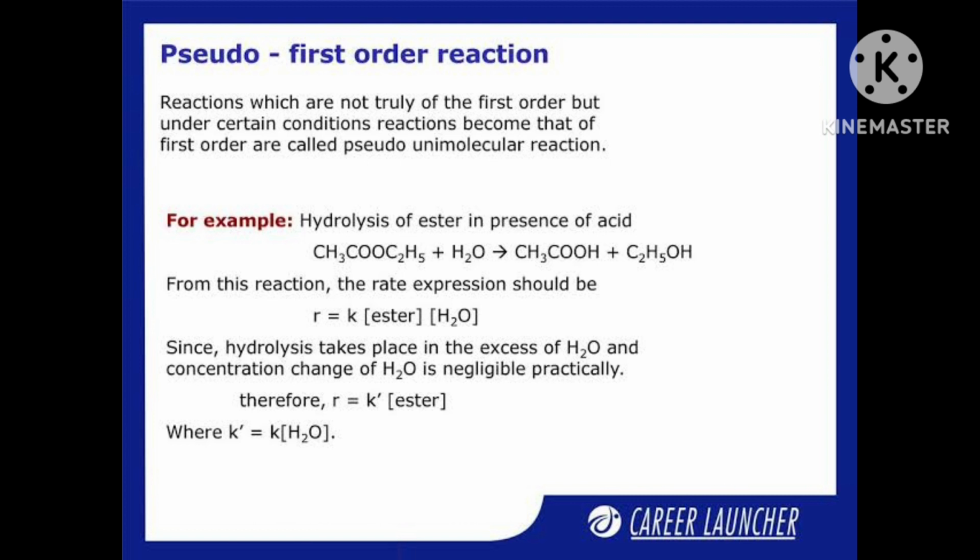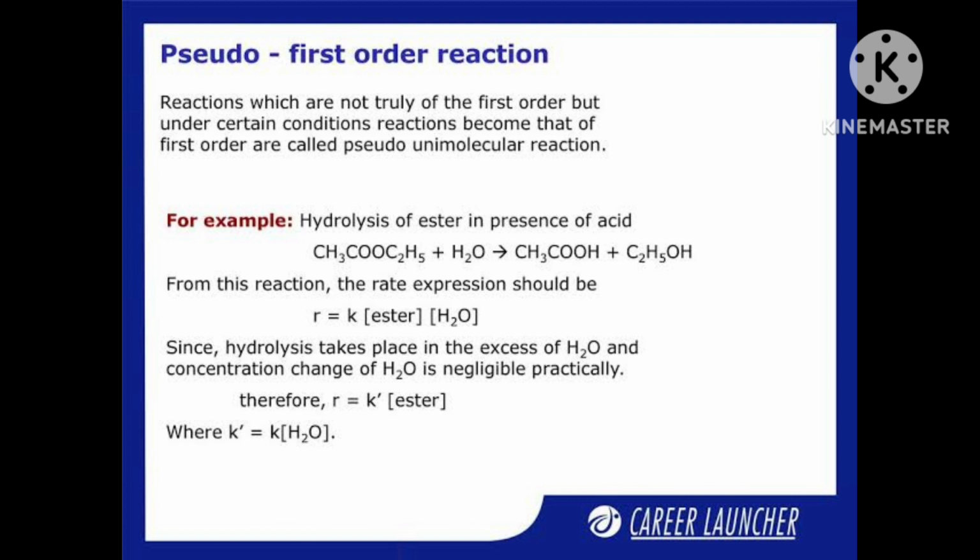Here H2O is constant. Hence the rate of the reaction depends only upon ethyl acetate, negligibly on H2O. Then rate is equal to K into the molar concentration of ethyl acetate simply.